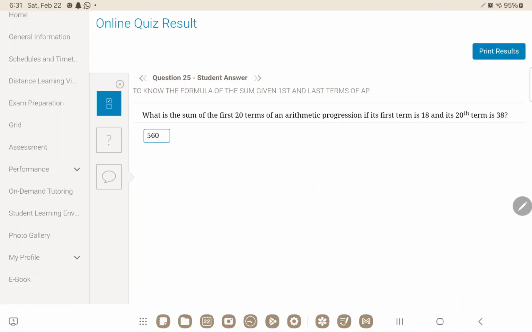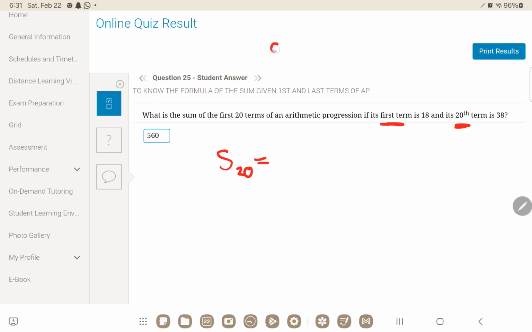Now, what's the sum of the first 20 terms? So S_20 of the arithmetic progression if the first term is 18 and the 20th term is 38. Okay. Here they did not give us our common difference, but they gave us the first term and the 20th term.